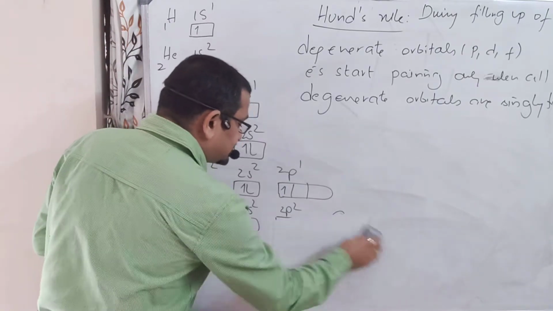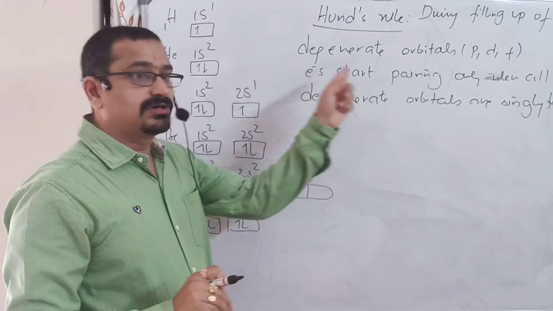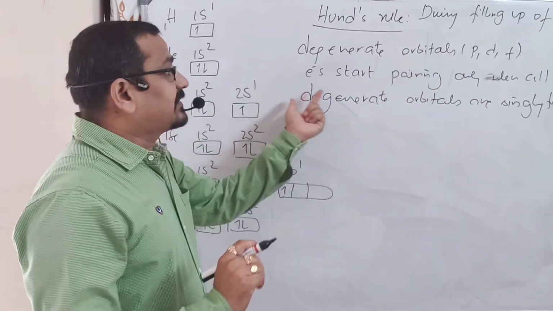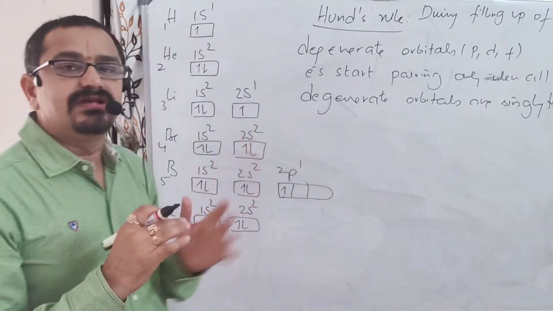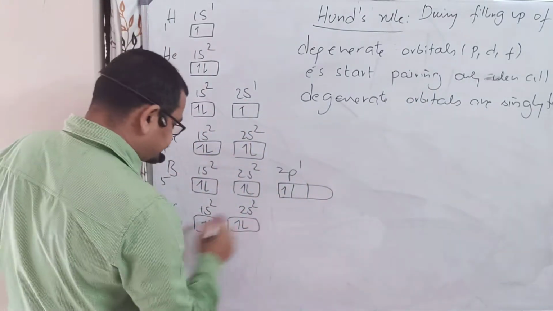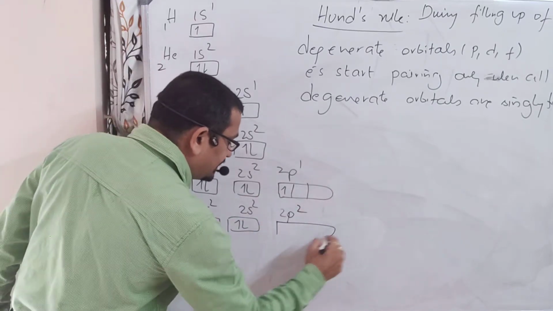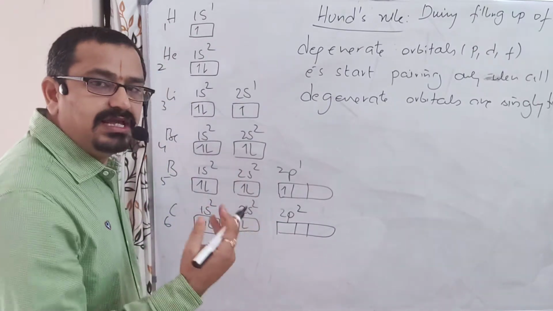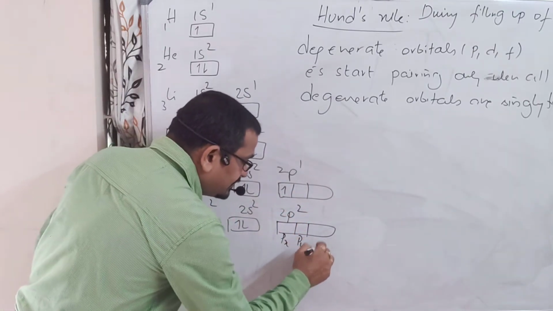So, what does Hund's rule state once again? During filling up of degenerate orbitals p, d and f, electrons start pairing only when all the degenerate orbitals are singly filled minimum. So suppose now 2p2 is the configuration. 2p2 means we have 3 p orbitals which are equal in energy, px, py and pz.